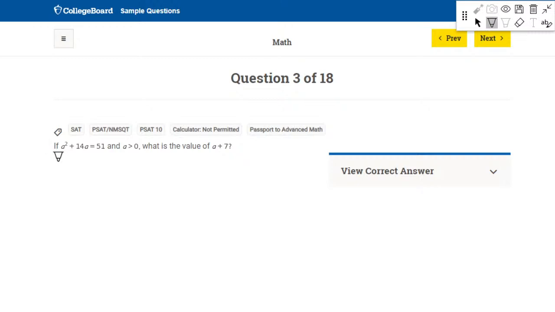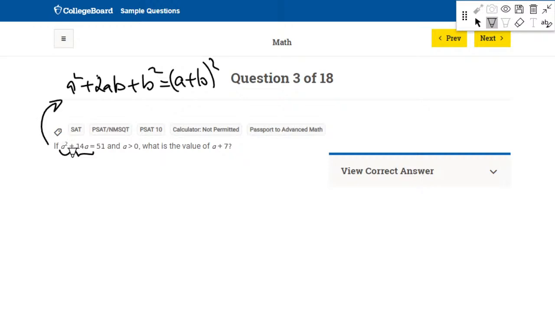What we could do, we know that a squared plus 2ab plus b squared equals a plus b squared. We rewrite this in this form and get our answer, because it's actually a quadratic equation.